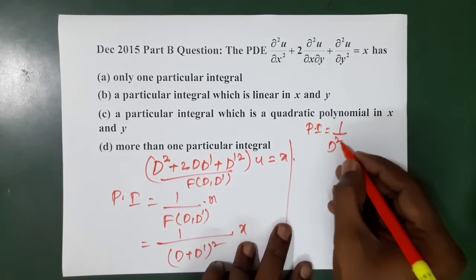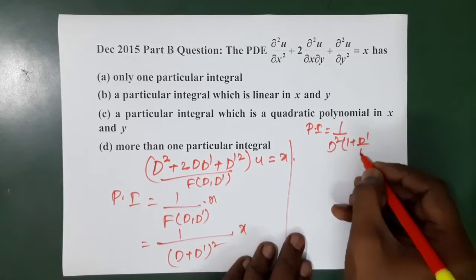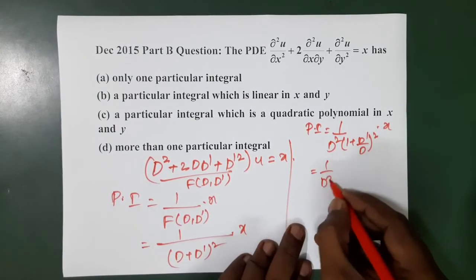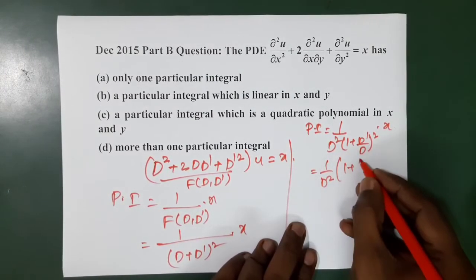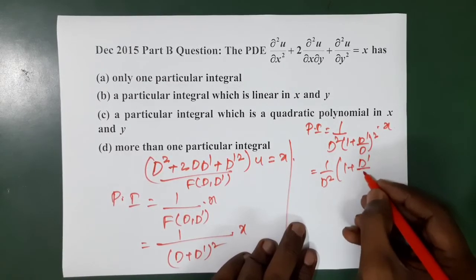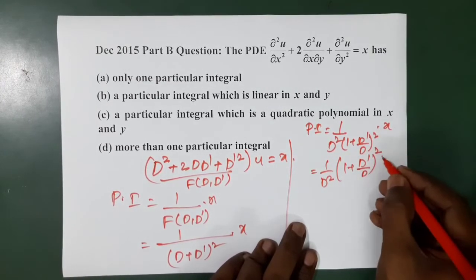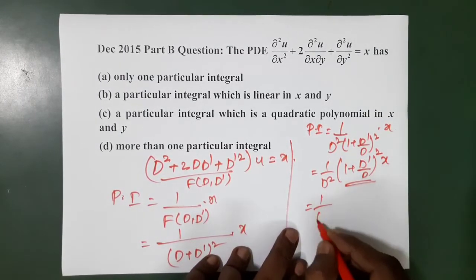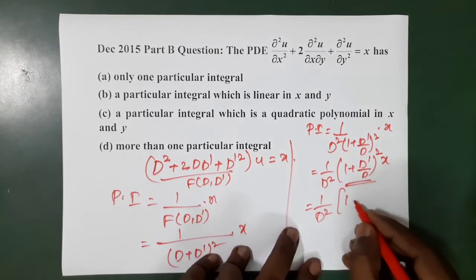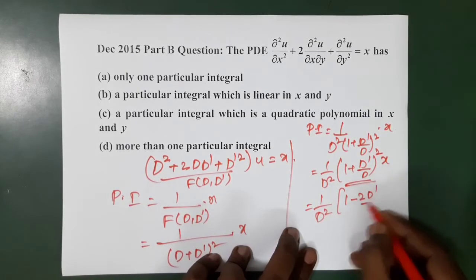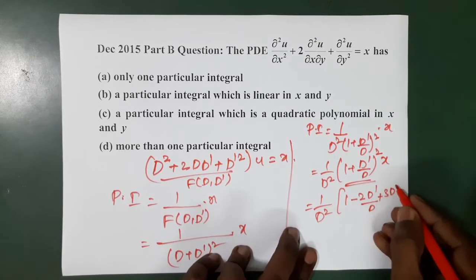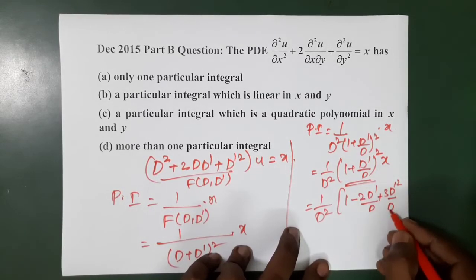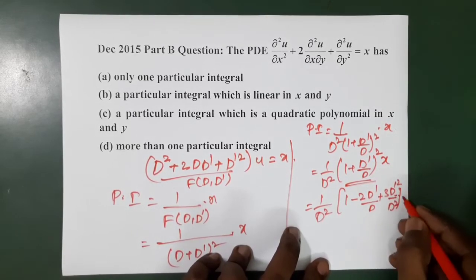So what you have is D square into 1 plus D dash by D whole square into x, which is equal to 1 by D square into 1 plus D dash by D whole square into x. Now we have to expand this as a binomial series: 1 minus 2 D dash by D plus 3 D dash square by D square, and so on, into x.